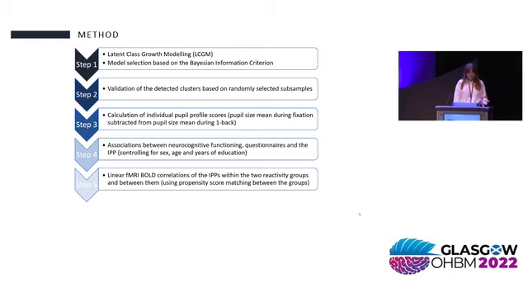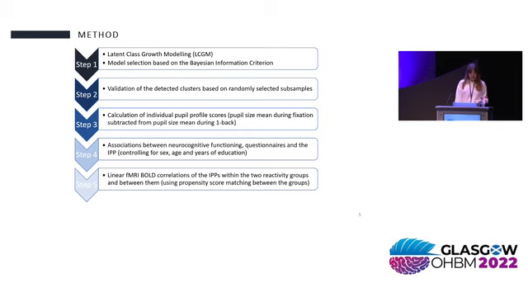In the next step, we validated it based on randomly selecting subsamples of our total sample. Then in step 3, we calculated individual pupil profile scores, which I explain more in the next slide because it's more understandable.